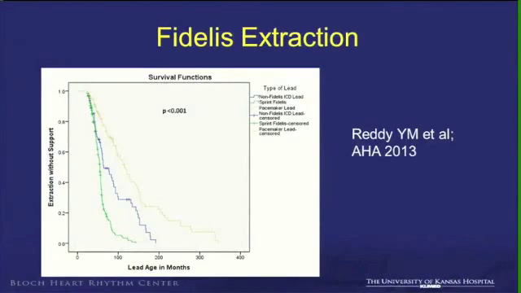This is also our experience we'll be presenting this November, where the green one is the Fidelis, the blue are the other ICD leads, and the mustard color is the RV pacemaker leads. The Sprint Fidelis lead actually required more extraction support in the form of laser lead or mechanical support for extraction.